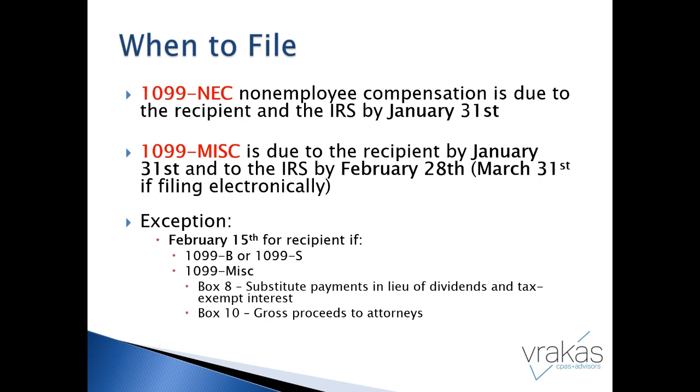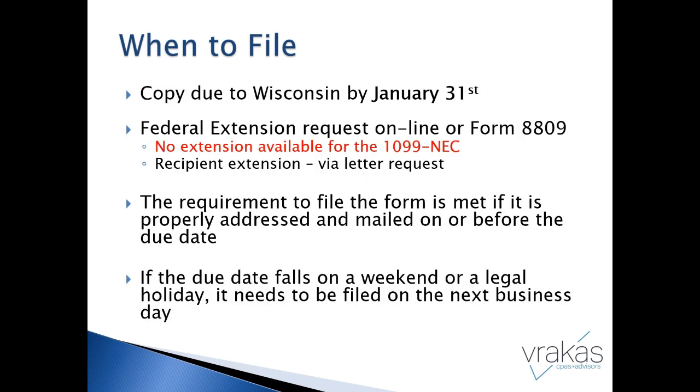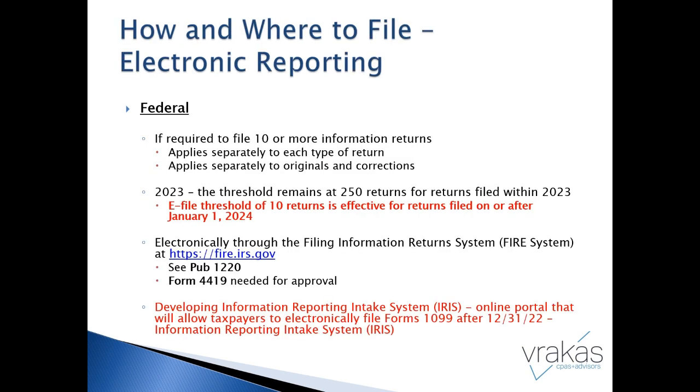And there are a couple exceptions to the rules. IRS loves their exceptions. And we've given a little bit here how to, if you need some extensions, the federal will allow the extension for the 1099 miscellaneous, not the NEC. Typically, the IRS had 250 as their filing threshold.